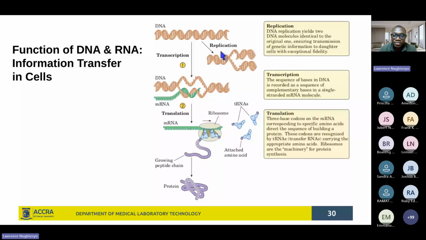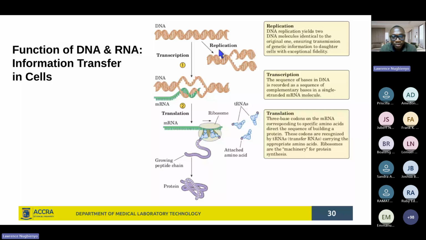Now, that genetic information, which is stored in the nucleus, has to be copied first onto a messenger to send to the cytoplasm for that genetic information to be translated into something.